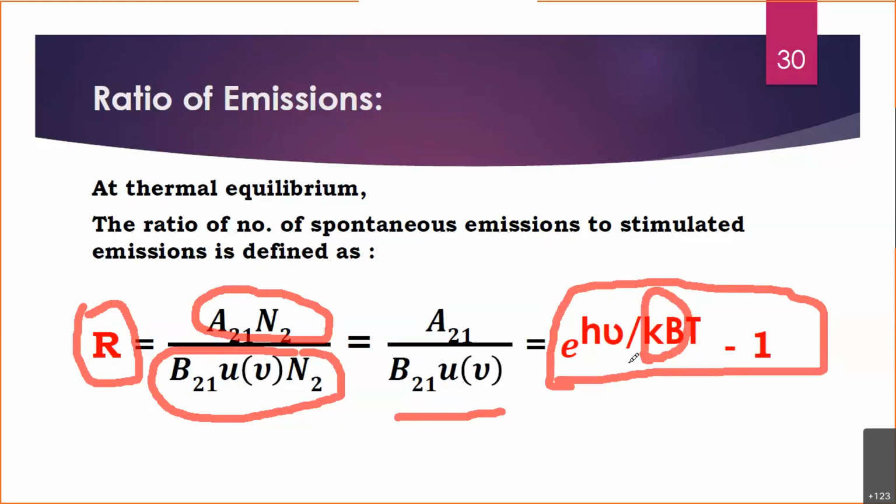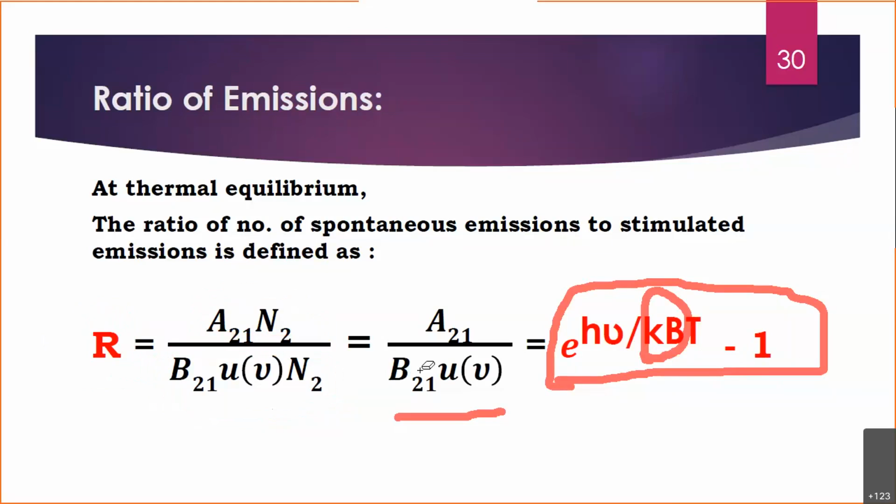Here kB is the Boltzmann constant, and it multiplies T. So e to the power h nu by kB T, minus 1. This minus 1 is separate, it is not included in the exponent. So this is the value of R we are giving with this factor. Let me move to the next one.